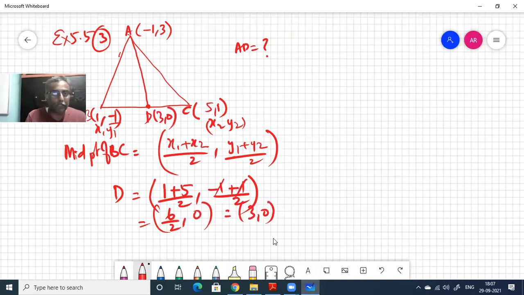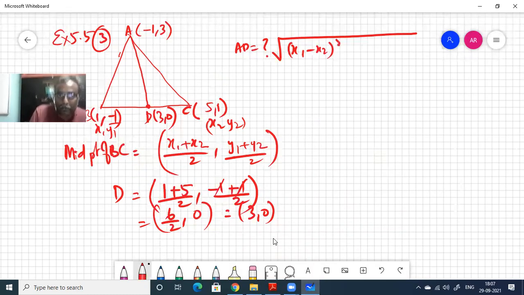Now what is it telling? Find the distance AD. Now you can use the distance formula, root of (x1 minus x2) squared plus (y1 minus y2) squared. You got both the points. This you take as x1 y1, this you take as x2 y2. You can find it easily now.